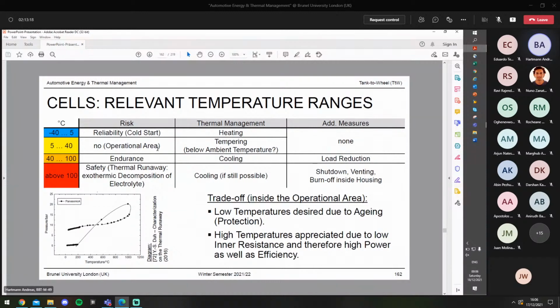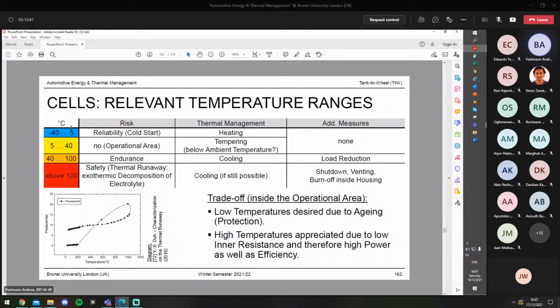So the operational area of a lithium-ion battery is between 5 and 40 degrees Celsius. So this is a very narrow area, as you can imagine, because a combustion engine can operate from minus 20, minus 30 degrees Celsius up to more than 100 degrees Celsius. So in comparison, the operational area of the battery is very low.